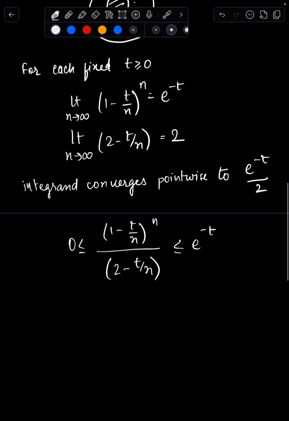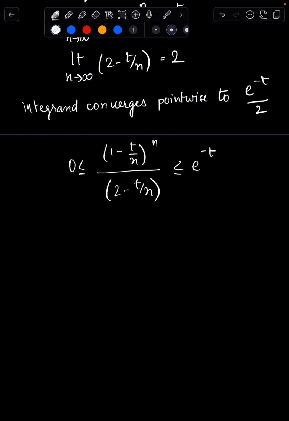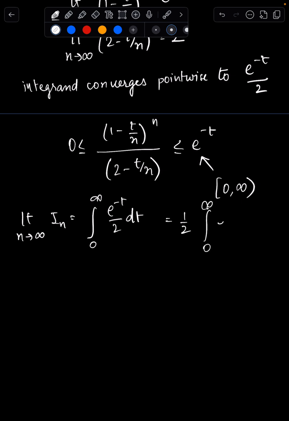So definitely the integral range is greater than the limit range, so we can easily apply it. This function is integrable over 0 to infinity completely. So what we have now is the limit as n tends to infinity of I_n, which is equal to the integral from 0 to infinity of e^(-t)/2. I'll take the half out, and then I have the integral from 0 to infinity of e^(-t) dt, which is basically 1. So the answer is 1.